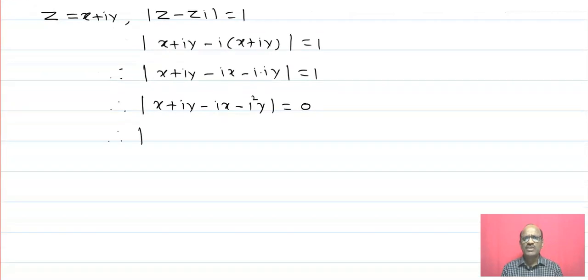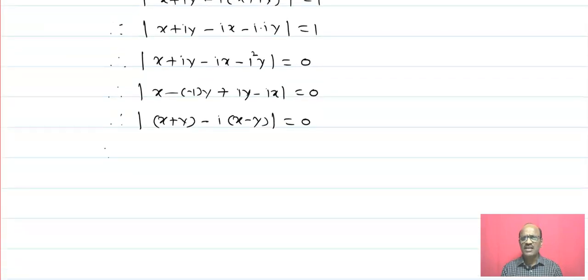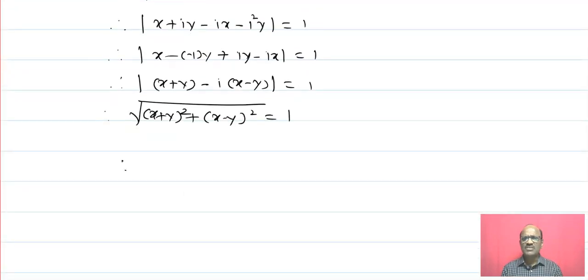That is z is equal to x plus iy, modulus of z minus zi is equal to 1. What is z? z is equal to x plus iy minus i times x plus iy in brackets, is equal to 1. Now simplify this. Modulus of x plus iy minus ix minus i times iy is equal to 1. That is x plus iy minus ix minus i square y is equal to 1. Therefore, i square means minus 1.